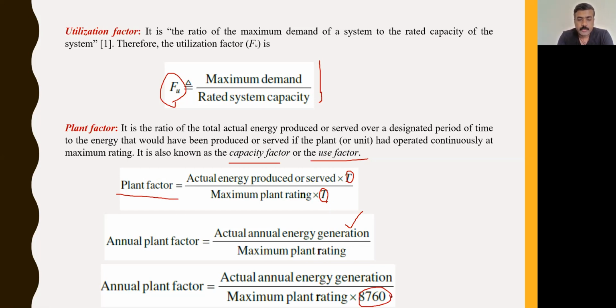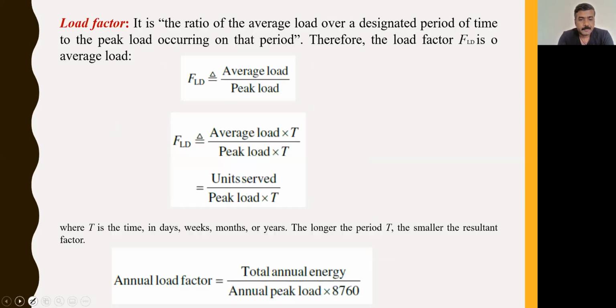Then it is considered as annual plant factor, which is expressed as annual energy generation to the maximum plant rating. Here this T can be number of days, hours, weeks, months, and years as well in calculating these factors.